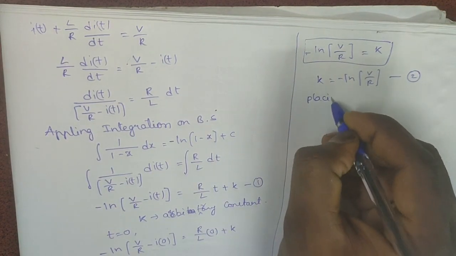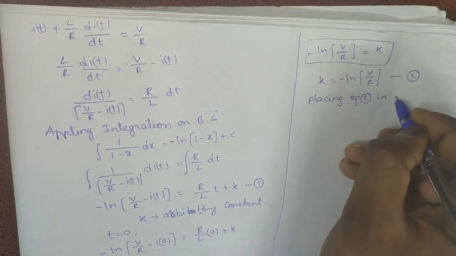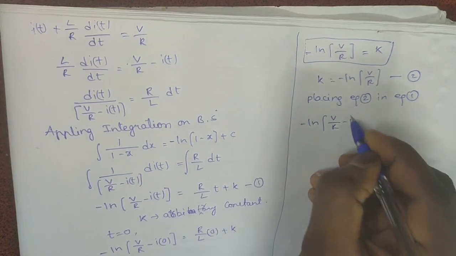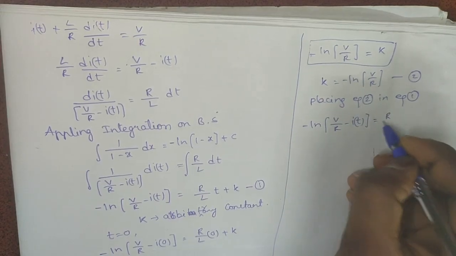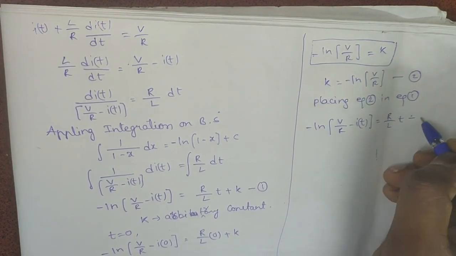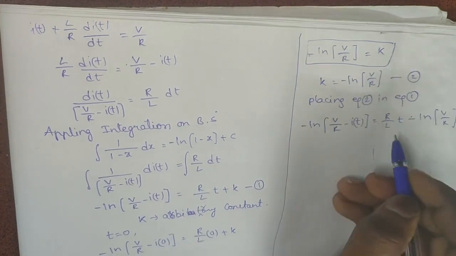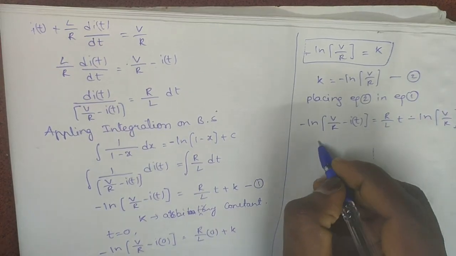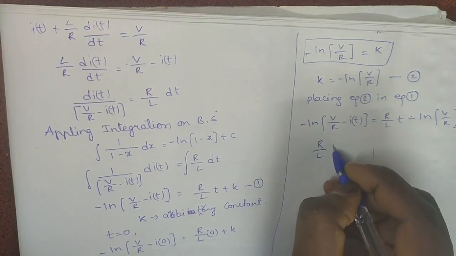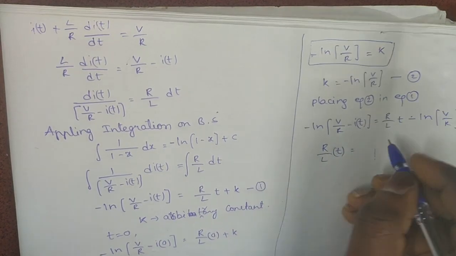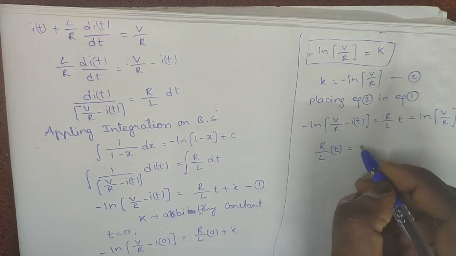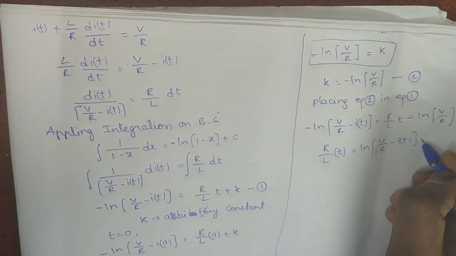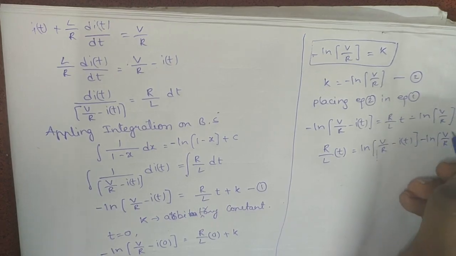So placing equation 2 in equation 1, minus ln of V by R minus I of t is equal to R by L into t minus ln of V by R. Putting all logarithms on one side and other terms in the RHS, so R by L, we are taking this term to the RHS, this minus will become positive, ln of V by R minus I of t minus ln of V by R.